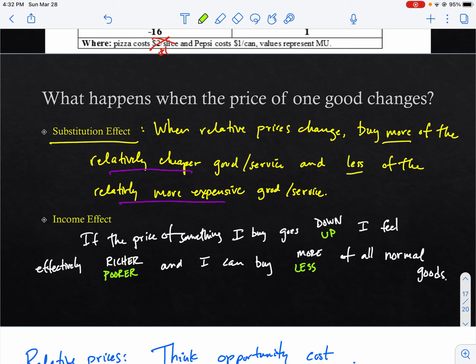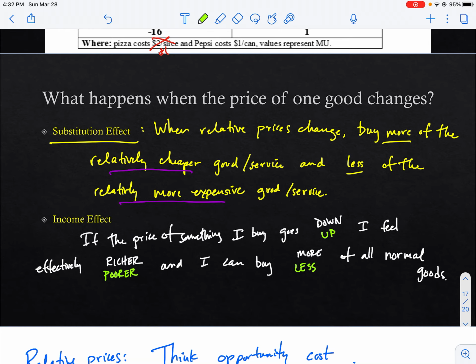I don't know, whatever that purchase was that you might be interested in. That's a normal good, such that when you're effectively richer, you buy more of it. And when you're effectively poorer, you buy less. The price of gas goes up, we buy less of all the good things.